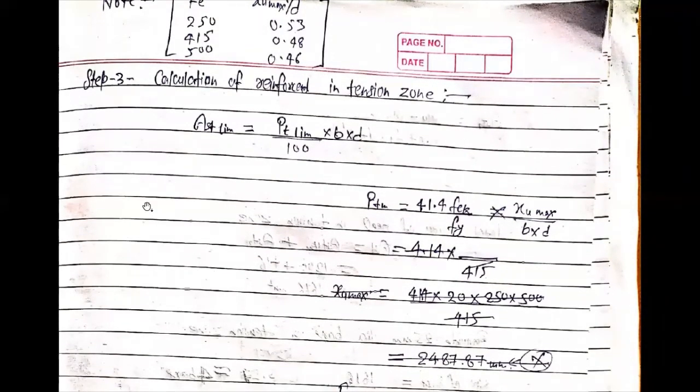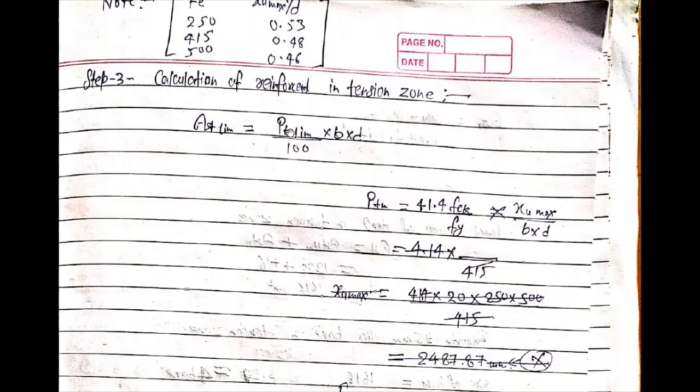Calculation of reinforcement required in tension zone. Area of steel limiting is percentage of steel upon 100 multiplied by bd.